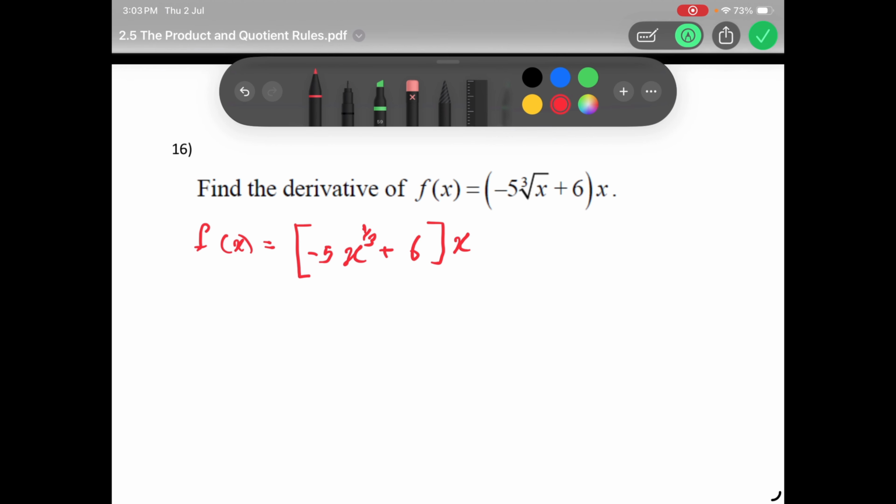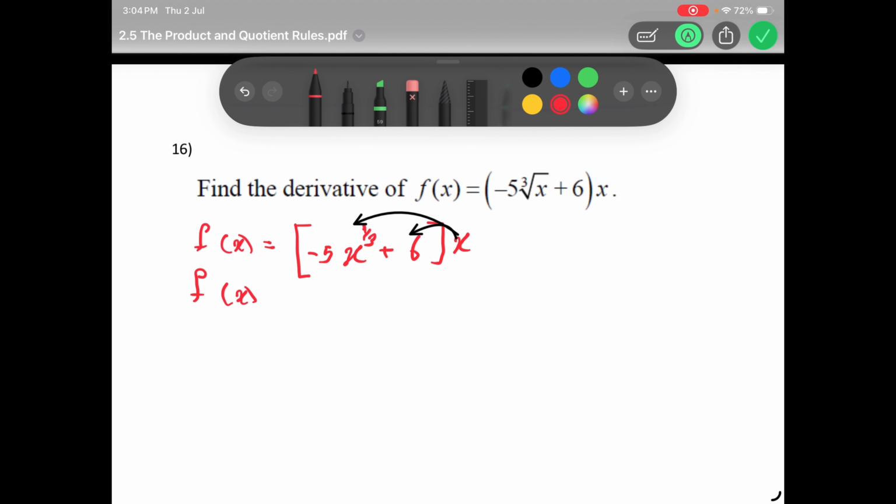Then I will expand by distributing this x here, and here as well. So you know, guys, when we multiply x's, we have to add the powers.